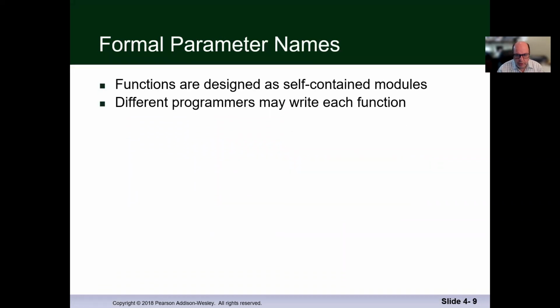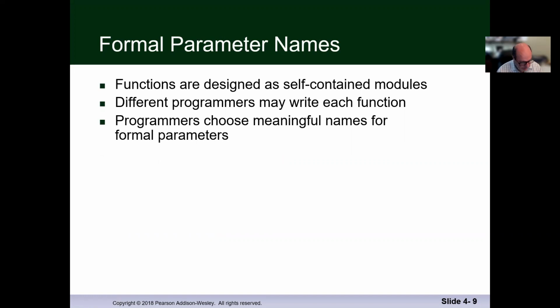So functions are self-contained modules, so we can take one and put it in other places and it's going to work. We try to reduce or eliminate any dependencies that this function has to anything else.